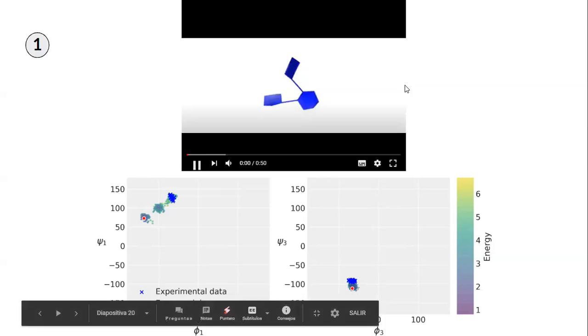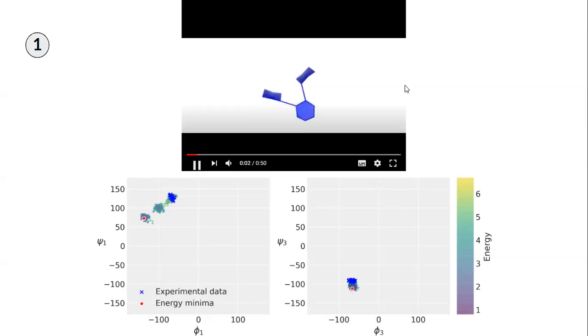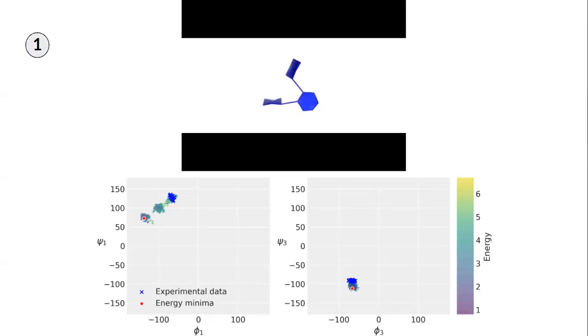And finally, in this animation, we have posterior samples represented as glycan structures. It is important to notice that all the structures are in agreement with Boltzmann's distribution, in the sense that most structures we get do not have atom superpositions, even though the probability of such structures is very low, but non-zero.